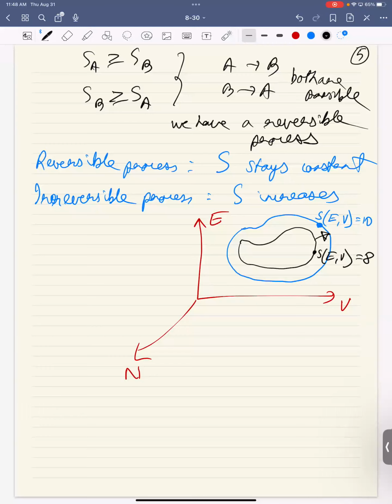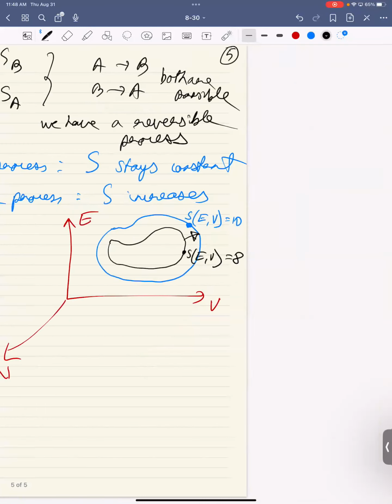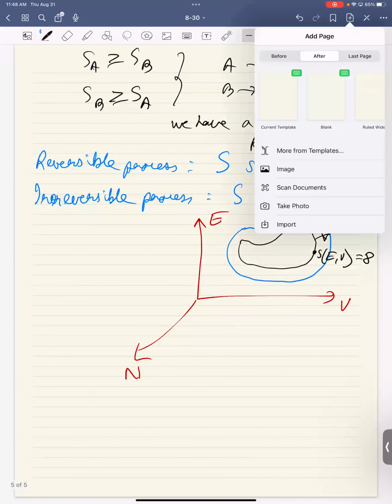So let's try to write down some possible functions for S of N, E, V, just to familiarize ourselves with it and see if they are valid or not as per the second postulate. I want you to answer. I'm going to write down S equals AE plus BN plus CV, where A, B, C are some constants.